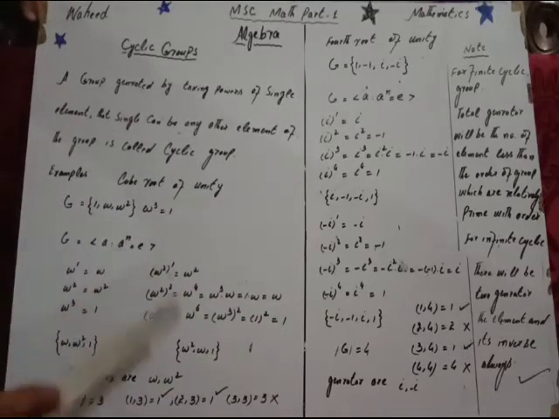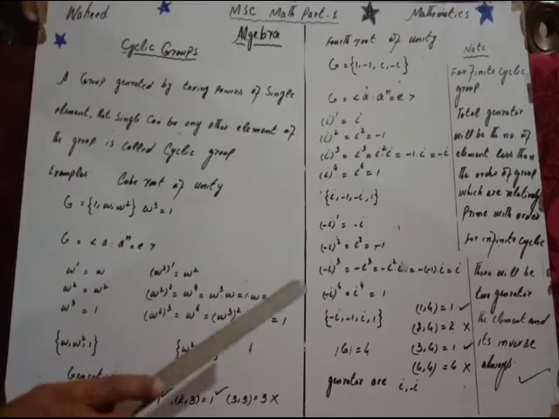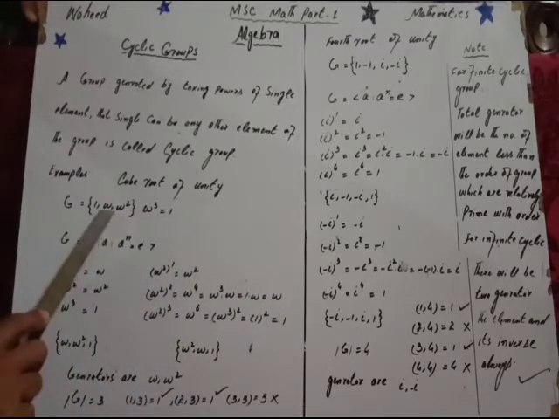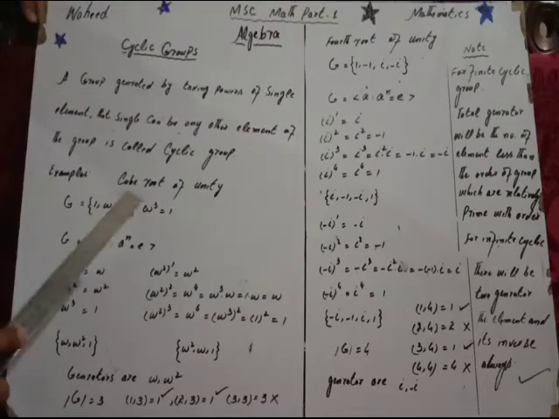Again we have omega square, omega and 1, the whole group. So the cube root of unity can be generated by taking powers of omega and also omega square. Here we have two generators, omega and omega square.